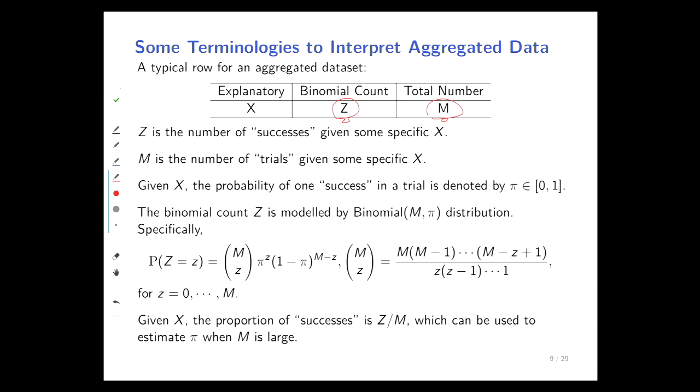And remember that because we can define success and failure, we can also define one success in a trial, and we can define the probability of success, which is denoted by pi, in one trial. In this data set, we have the M trials in this row, and we observe that success.